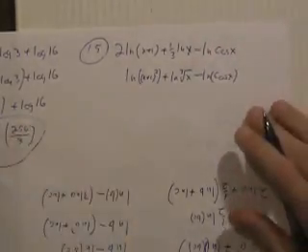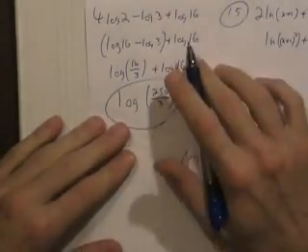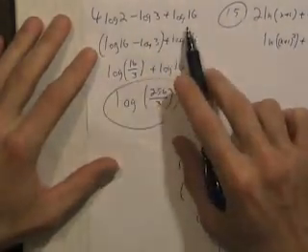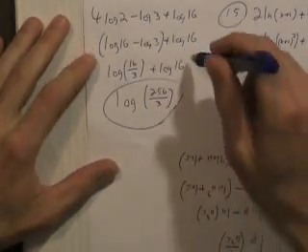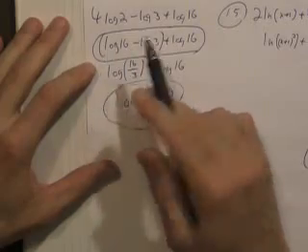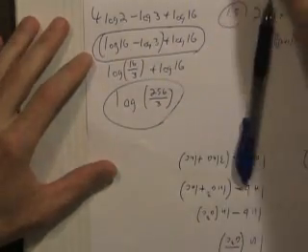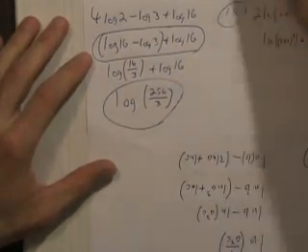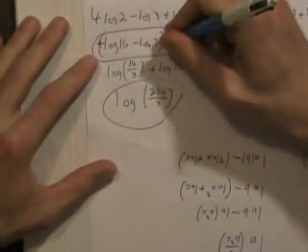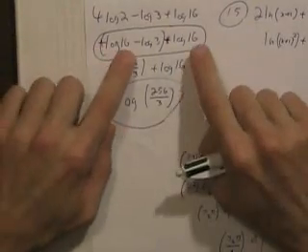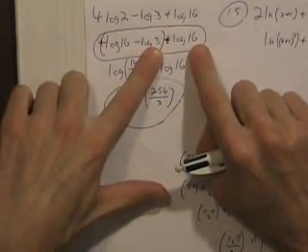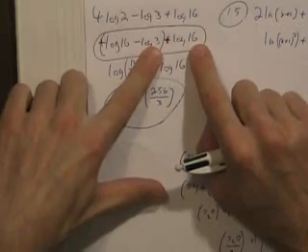Now look at what's going to happen here. Whenever you're doing a condensing log problem, once you get it to here, anything that has a plus sign is going to go on top. So there's a phantom plus sign here, and the plus sign here. So these two are going to end up in the numerator, and anything that has a minus sign is going to be thrown down in the denominator.